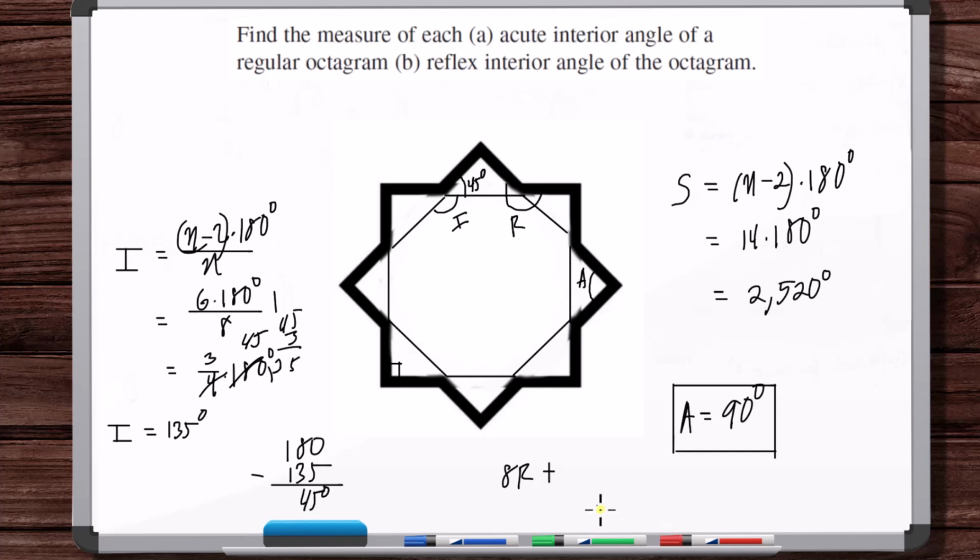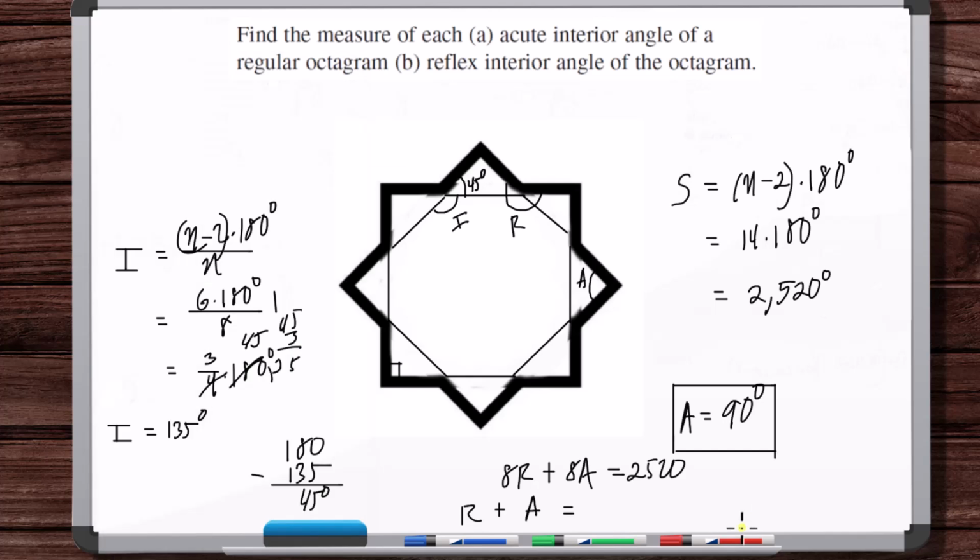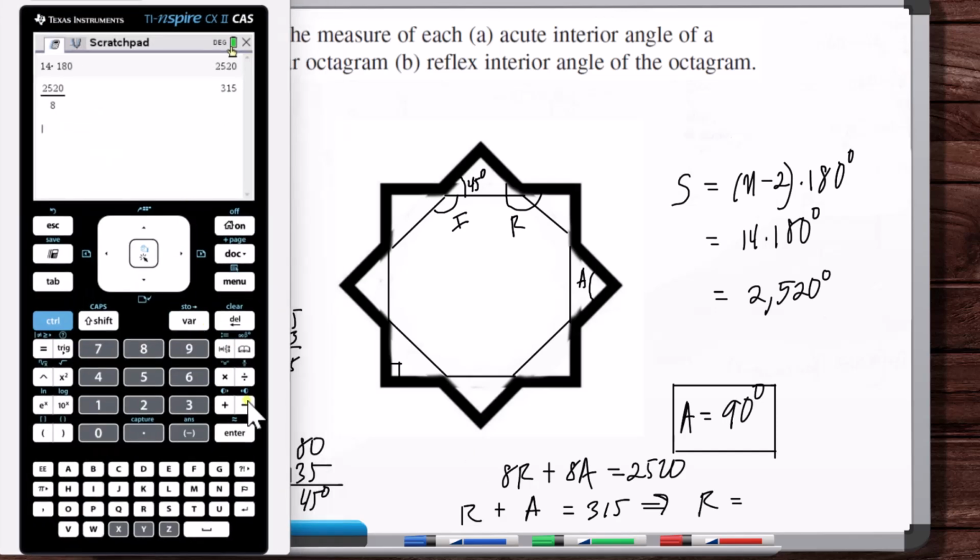Plus 8 acute angles is going to be equal to 2520. So we factor out an 8 and divide by 8. You get 315. So the measure of the reflex angles is 315 minus 90, 225.